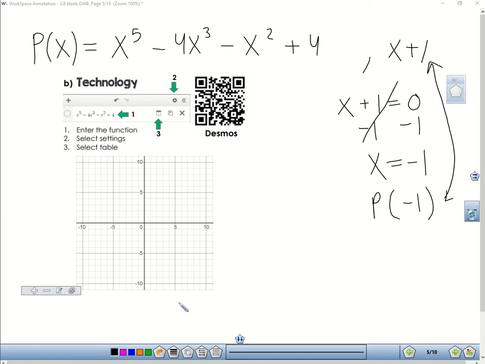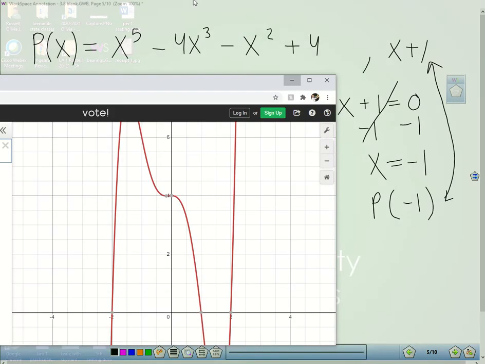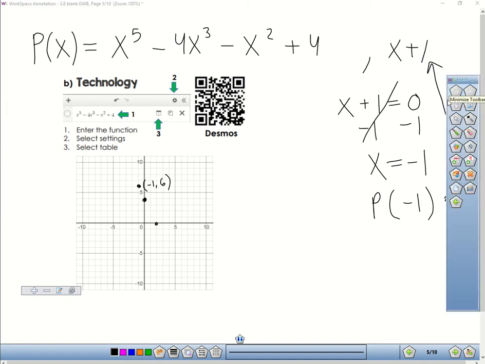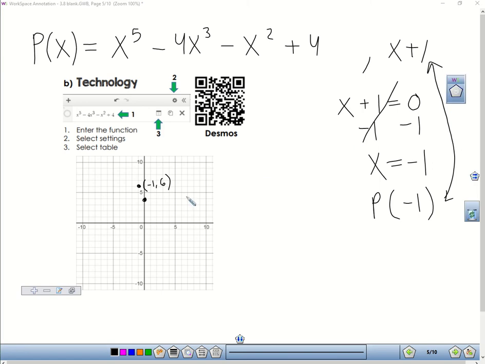So on your table, you guys can make a little sketch of this. So -1, 6 is like right here. And we can plot some other critical points to get an idea of what this graph looks like. It also hits the axis at 4, 0, it looks like, right here. And it hits the axis at 0, 1, my bad. One of them is by 5s and one's by 2s, so it's confusing.